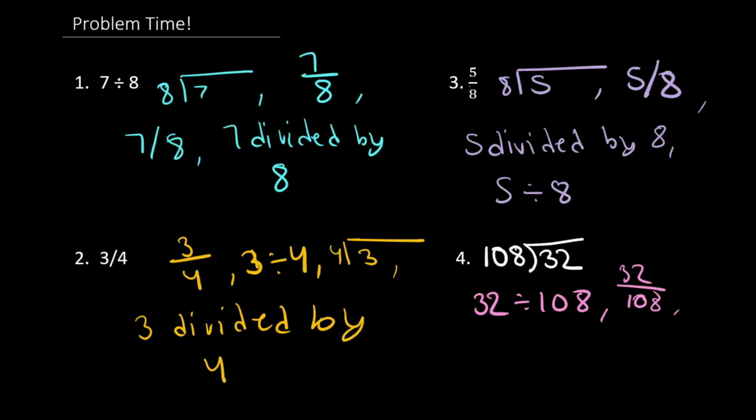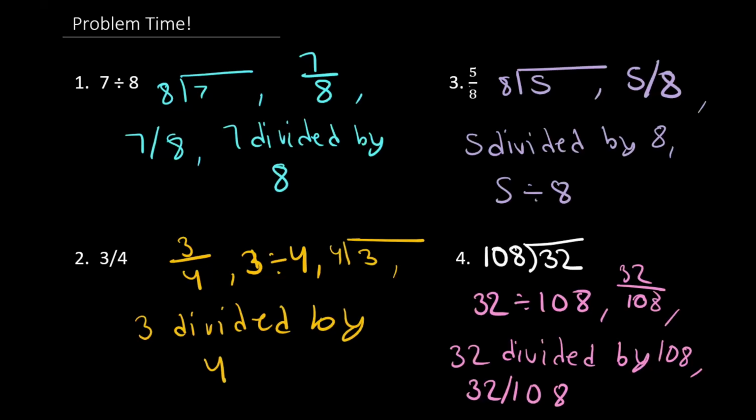Another way would be using the words, 32 divided by 108. And there's another way, the backslash one, 32 slash 108. So those are four answers that I gave you, and you needed to write three of them.